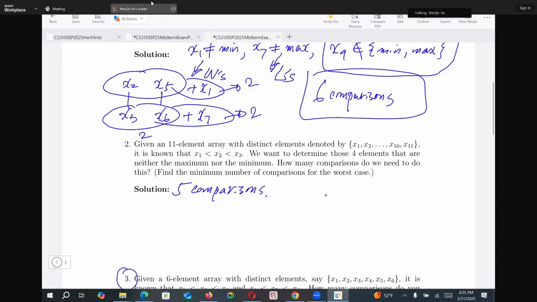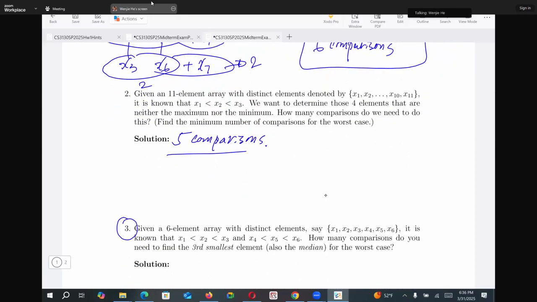In this class, I picked the top 4 students from part B, who got more than 30 points out of 40. They couldn't give me 5 comparisons.